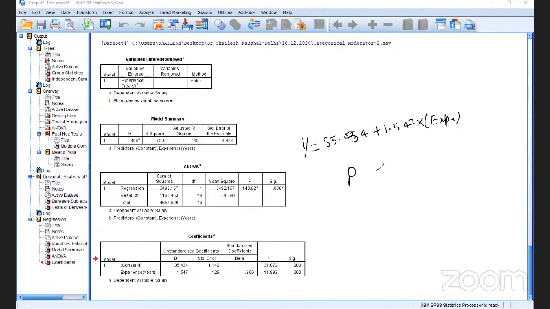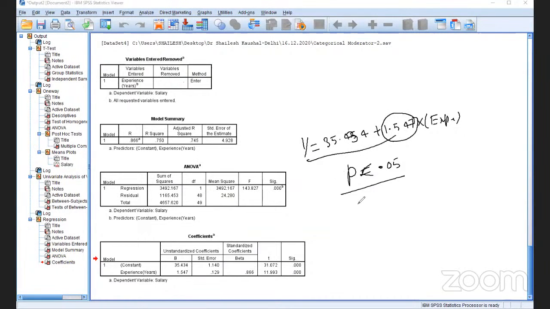The relationship is significant because the p value is 0.05, and it is a positive relationship, since the value of the regression coefficient is positive. So there is a positive correlation.